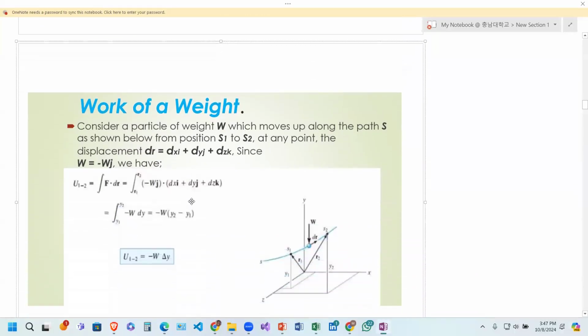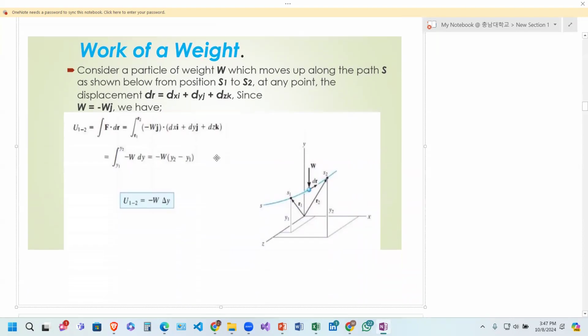All right, let's look at now the work of a weight. Remember, weight acts towards the gravitational force. If we consider a 3D body, or a 3D particle, in three dimensions, it will have components in X, Y, and Z, or the i, j, k vectors.